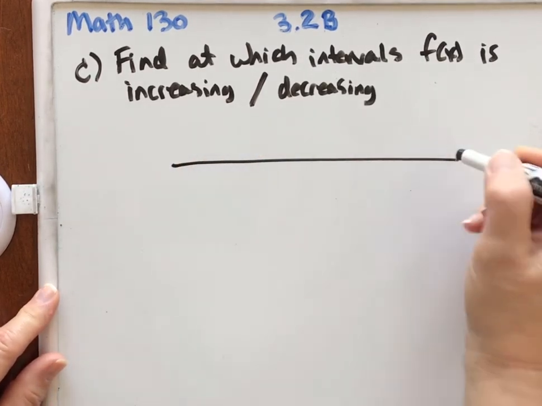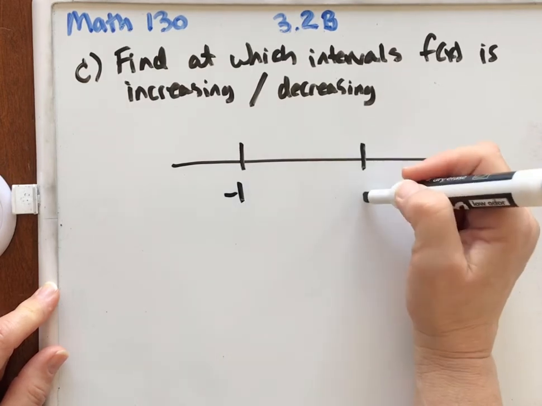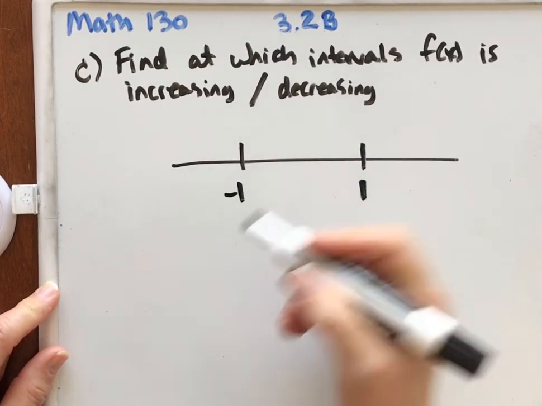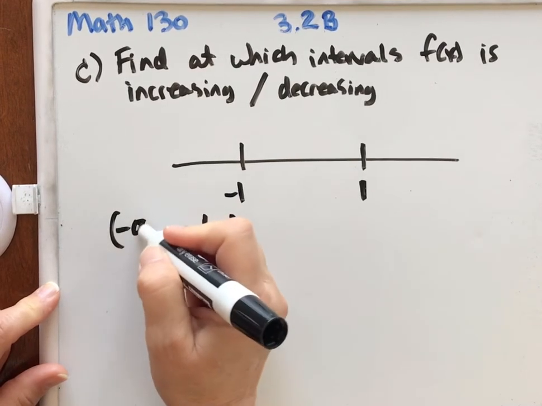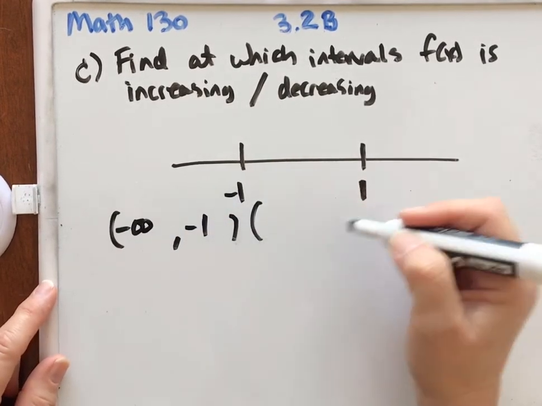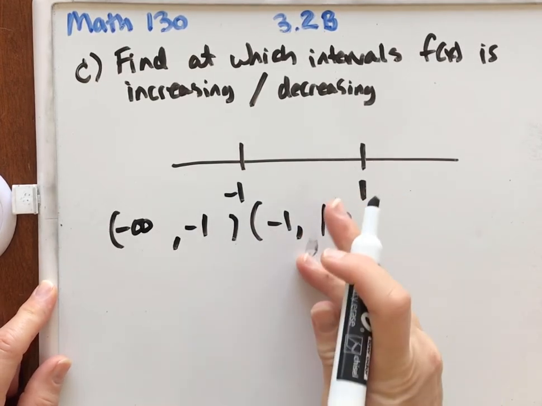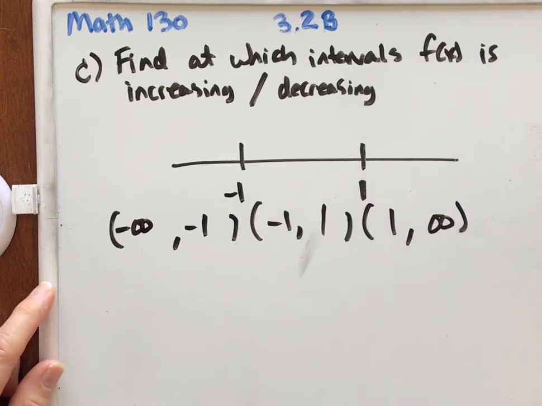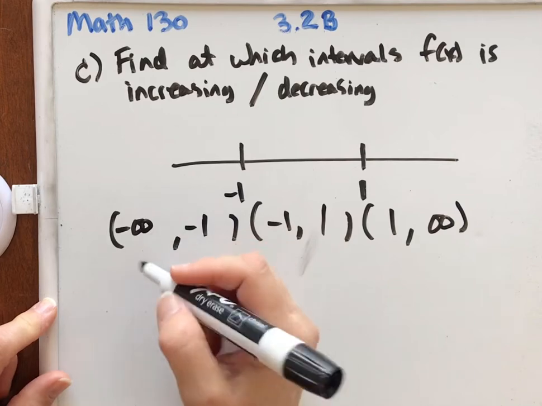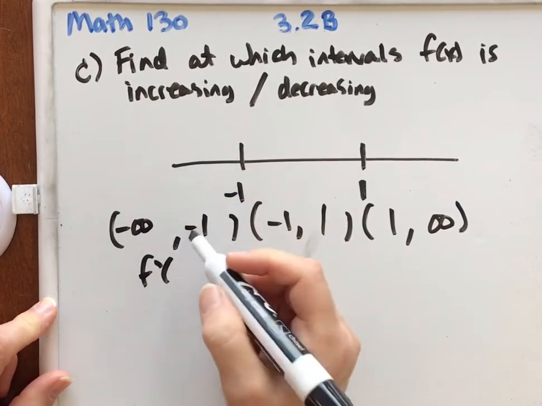Well, what we do is we list our critical values, -1 and 1. We look at our intervals. Here we have -infinity to -1, our interval from -1 to 1, and then our interval from 1 to infinity. And we test them. So last time we tested -2, because -2 is in here.